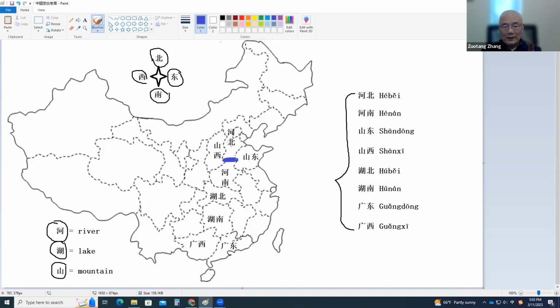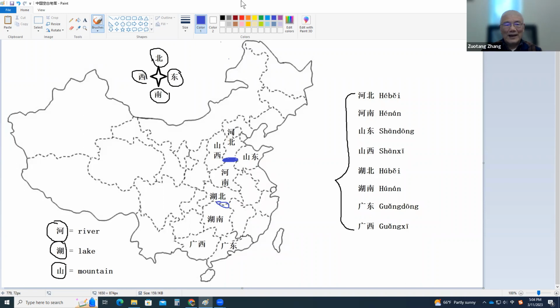To the north of the river is Hebei, to the south of this river is Henan. Hubei and Hunan mean there ought to be a lake somewhere. To the north of the lake is Hubei, and to the south of the lake is Hunan.